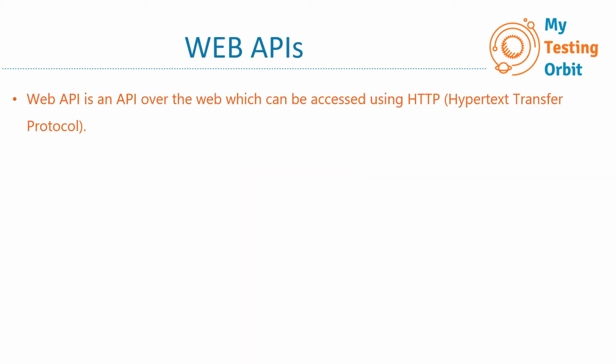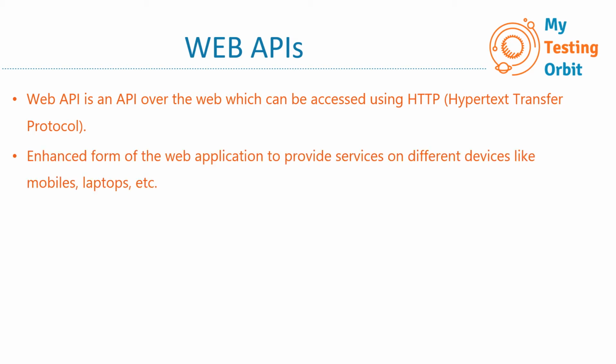So a Web API is an API over the web which can be accessed using HTTP, Hypertext Transfer Protocol, which means that through this protocol, the exchange of data or information can occur between desktop, web applications, mobile, etc. Web APIs are an enhanced form of web applications to provide services on different devices like mobiles, laptops, etc. Okay, so why do we need this?